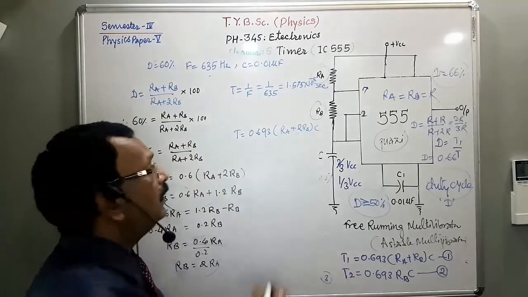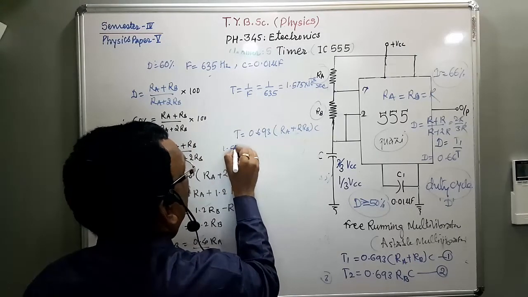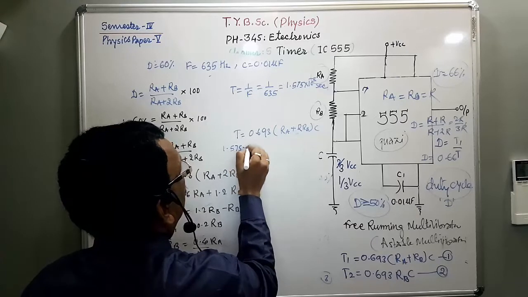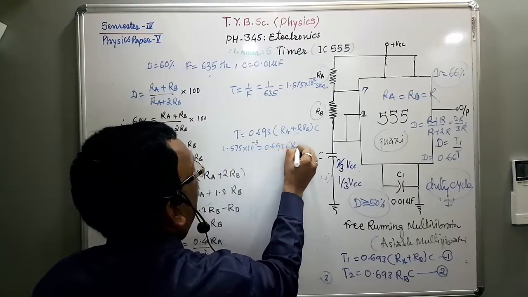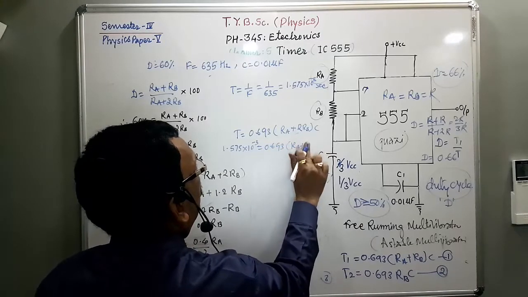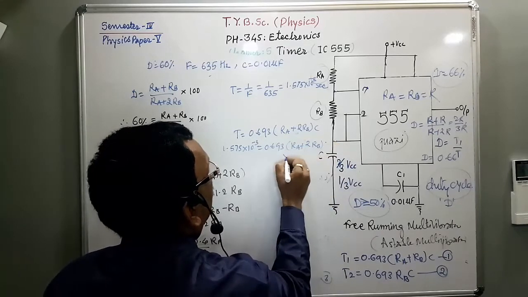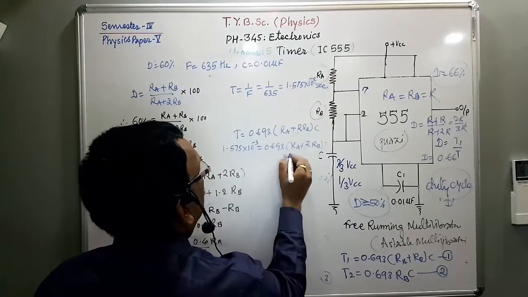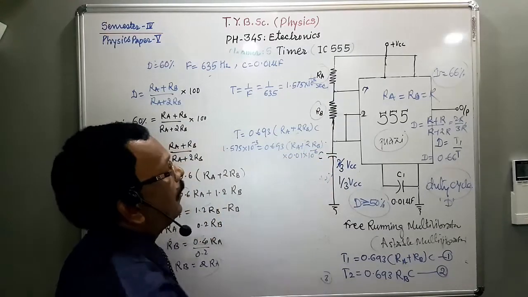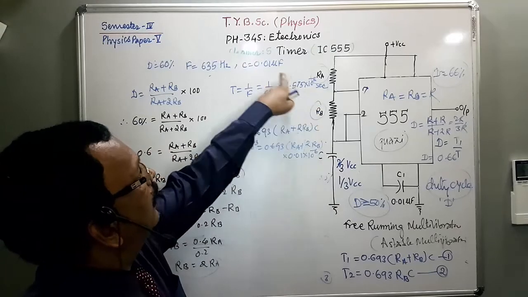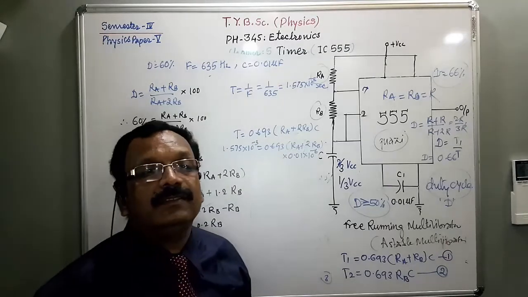We already studied this. So substitute the time: 1.575 into 10 raised to minus 3 is equal to 0.693 into RA plus twice RB, into C, and C is given here as 0.01 into 10 raised to minus 6 farad. This is microfarad, and 1 microfarad is equal to 10 raised to minus 6 farad.